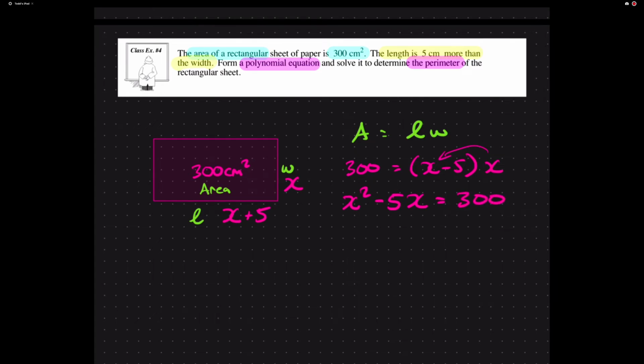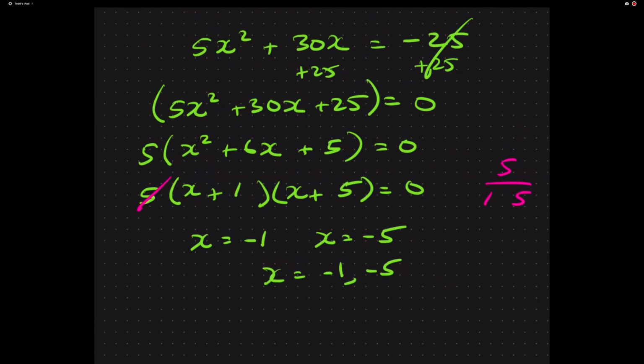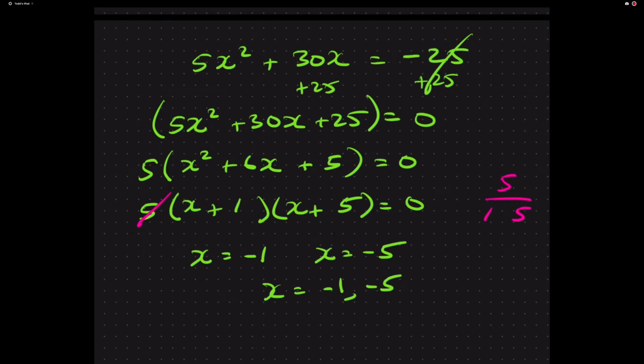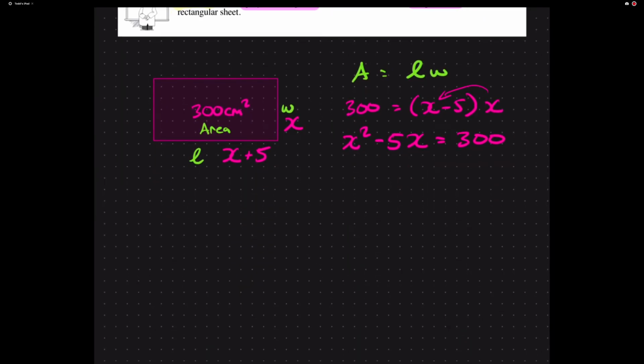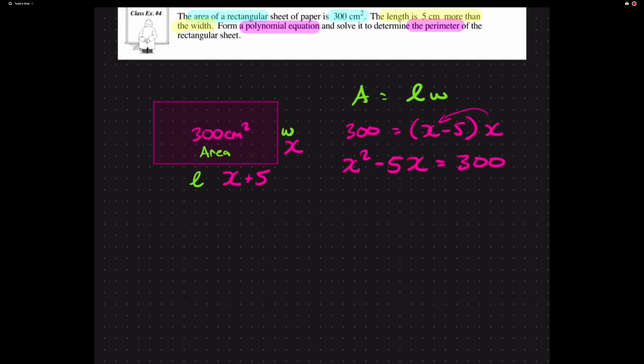Now remember what we did up here. It was equaling negative 25 right here, but I just moved it over to the other side to make it equal to 0. So I'll do the same thing right here. I'm going to subtract 300, canceling this, and subtract 300 from this side.